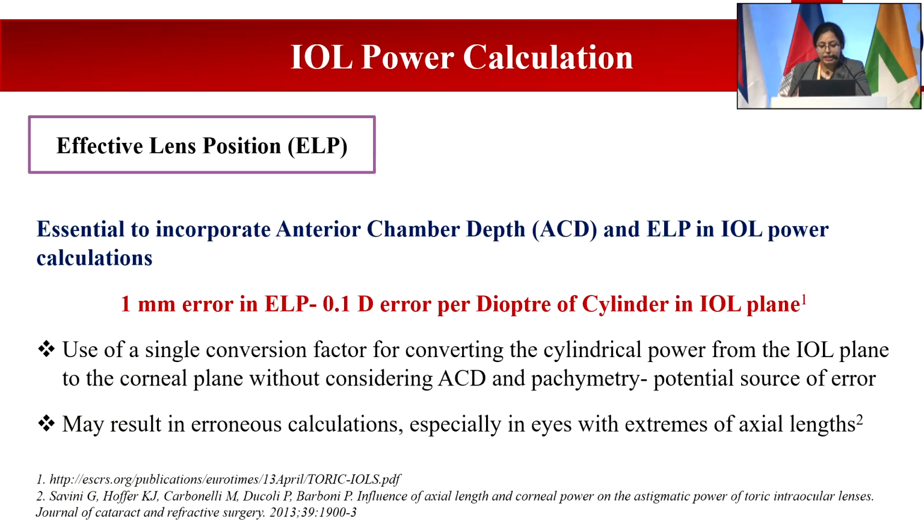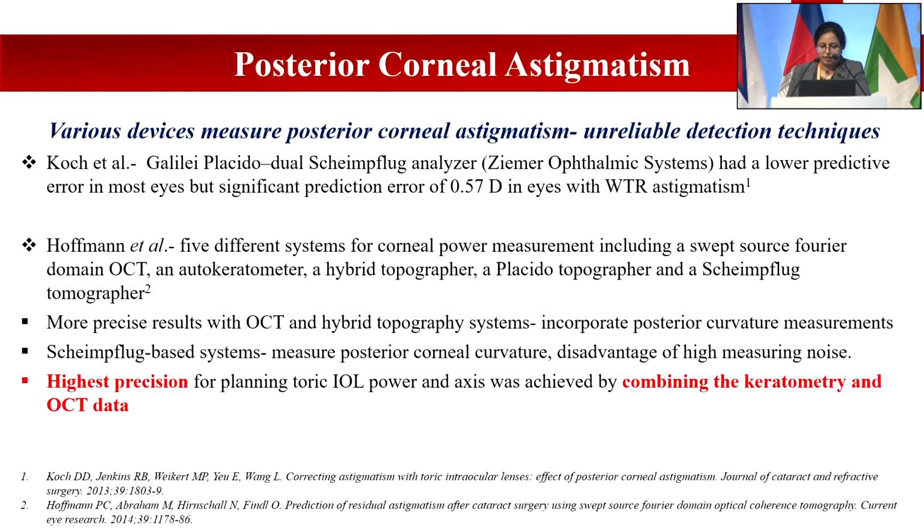Now again, this ACD and ELP are not going to be the same in normal axial lengths and in extremes of axial lengths, and this may result in erroneous calculations.